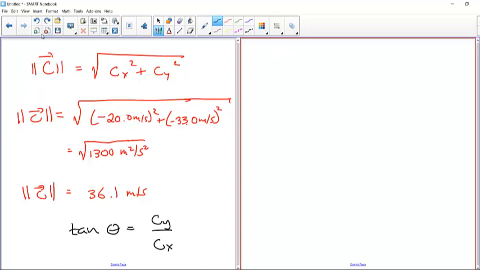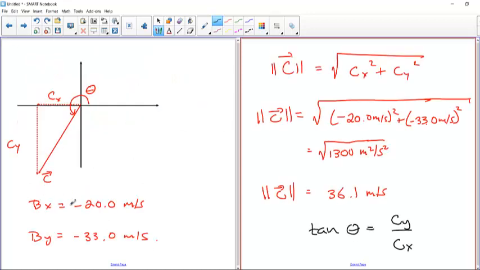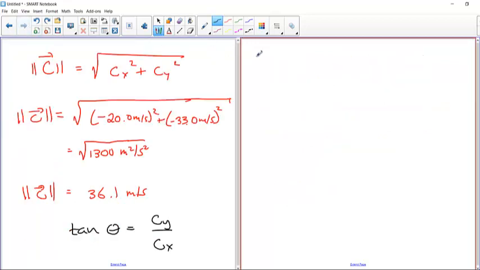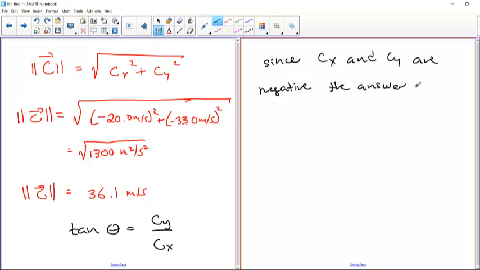So what you look at is, you would say since, oh, why did I put B here? It should be C. Okay. So you would say since C sub x and C sub y are negative, the answer for theta is in the third quadrant.